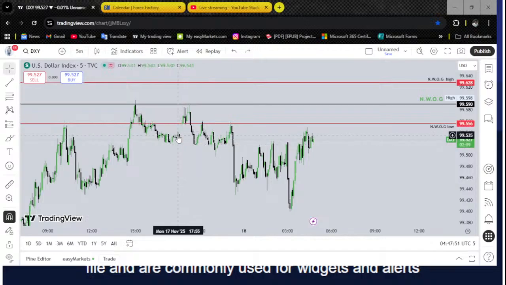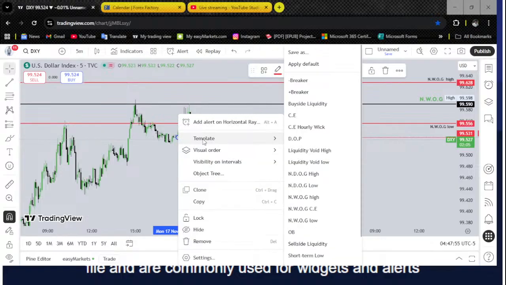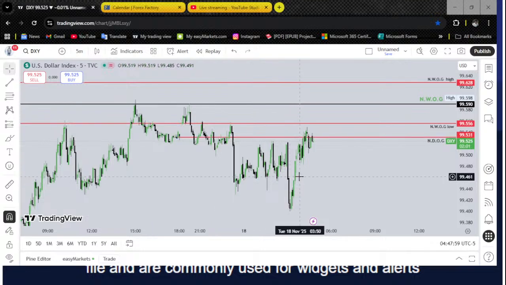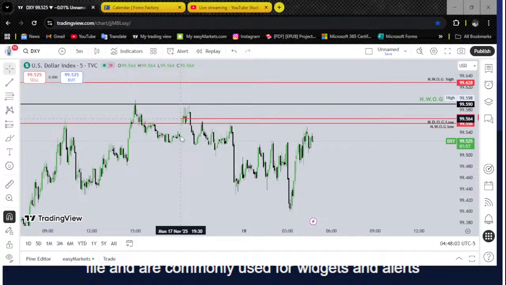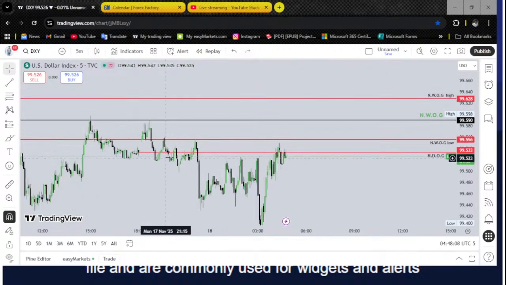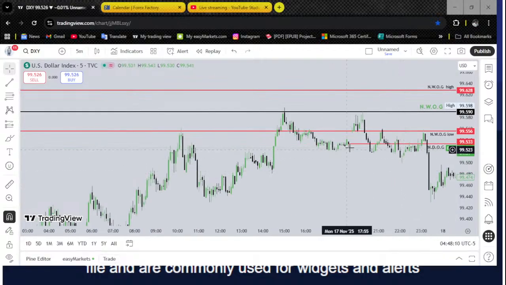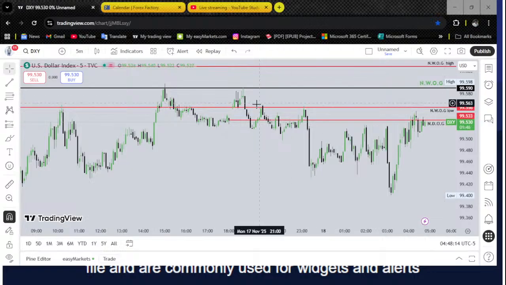This is a new day opening gap. The same, so this one is the new day opening gap.